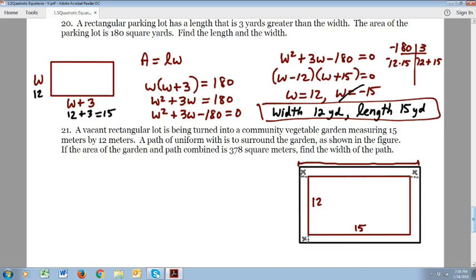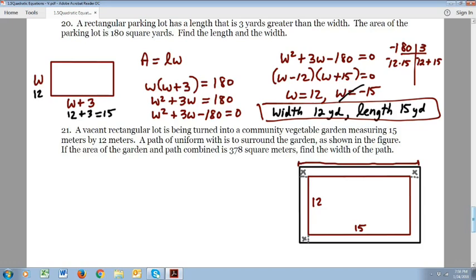So this combined area of this whole rectangle, including the path, is 378 square meters. So we need to find the length and the width.